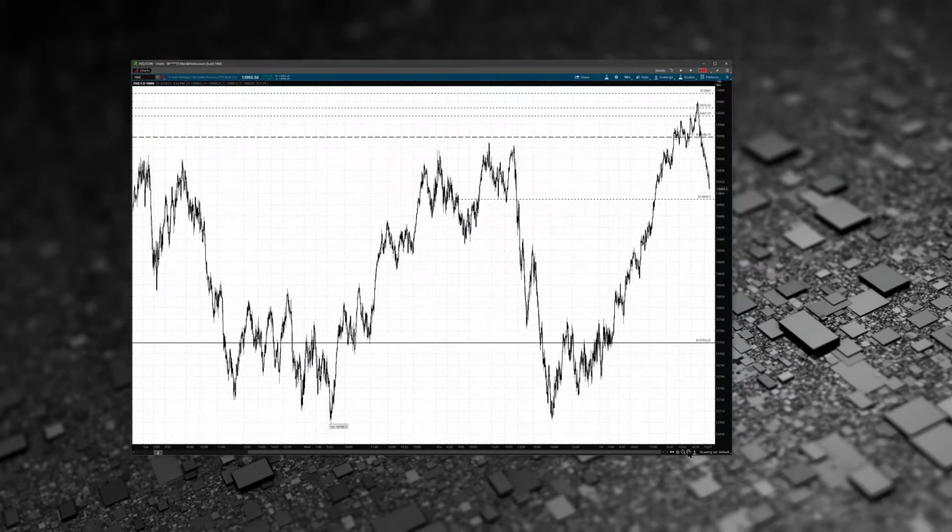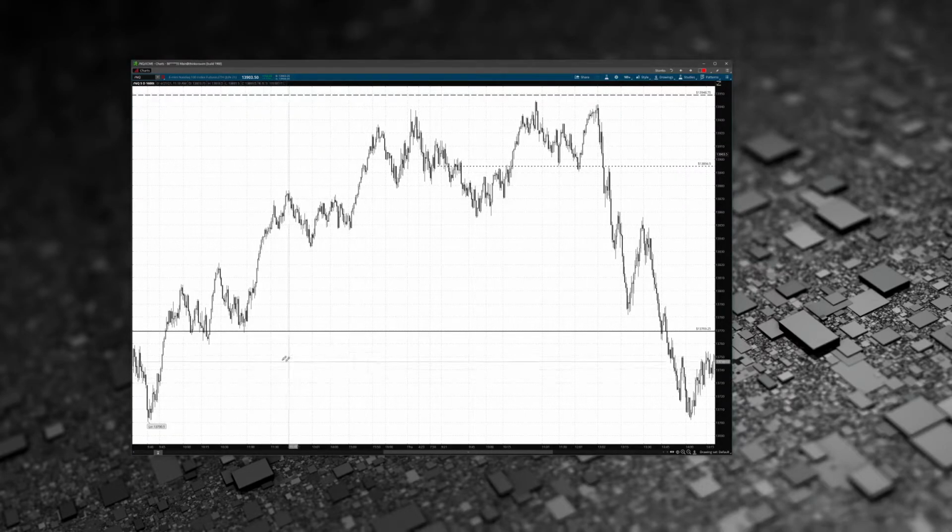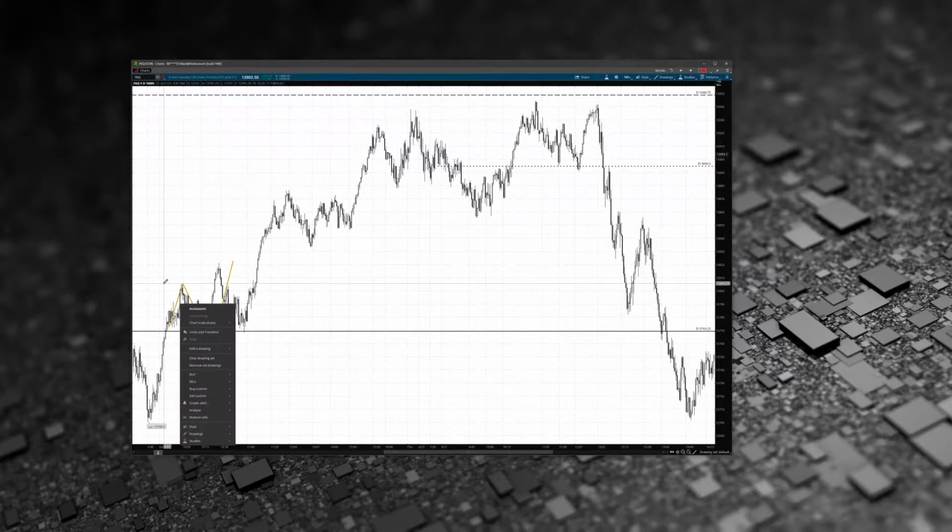Let me zoom out just a little bit more. Okay. So this was a valid 3-leg right here. We gained support. 1, 2, 3, because of this high. That would be your last gained.